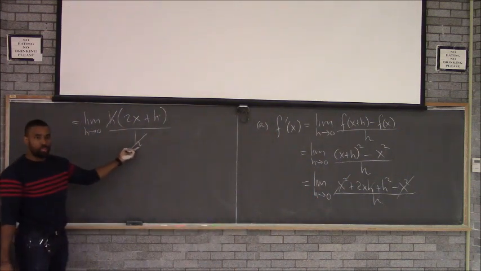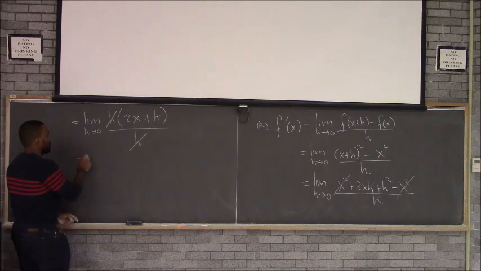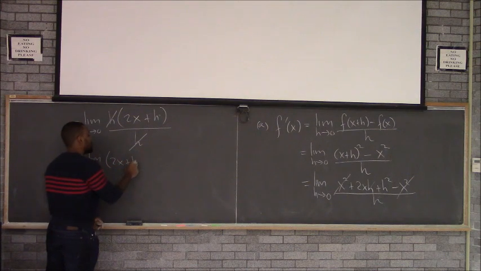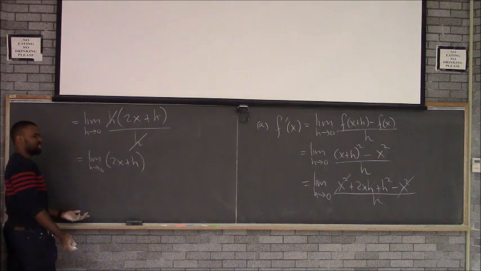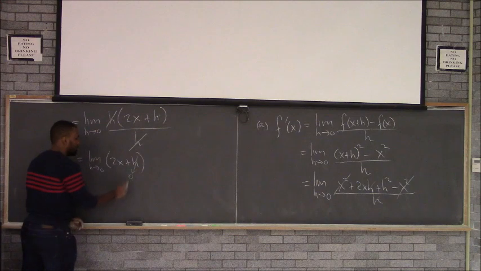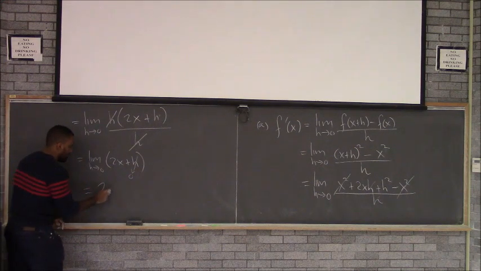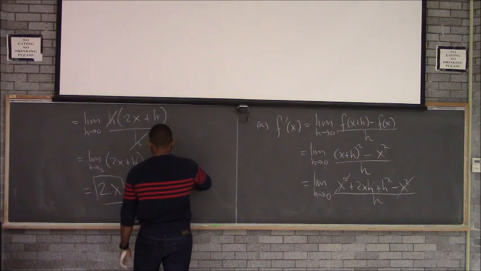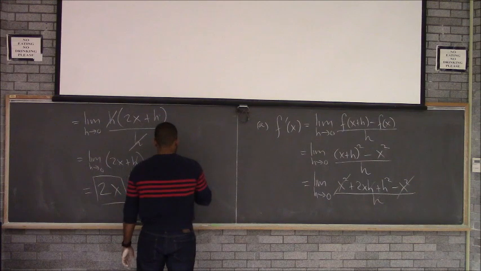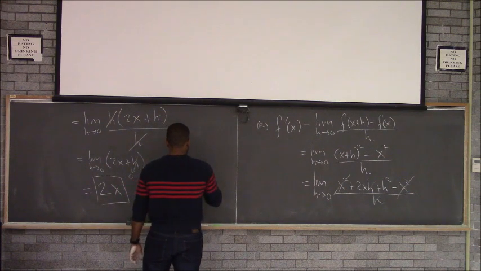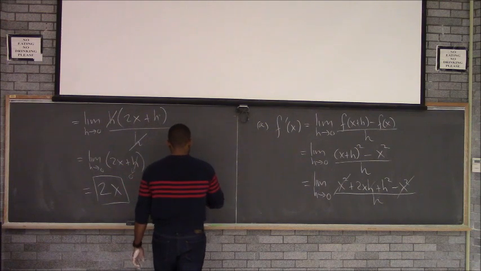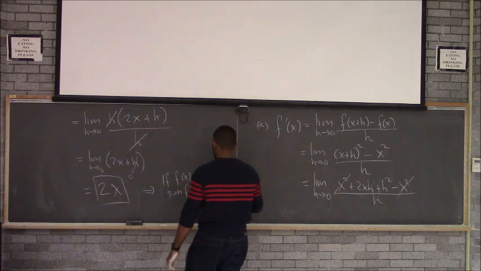Now we have simplified, so we can plug in. What we end up with is the limit as h approaches 0 of 2x plus h. I can just plug in h equals 0, and get 2x. So I can say here, if f of x equals x squared, then f prime of x equals 2x.